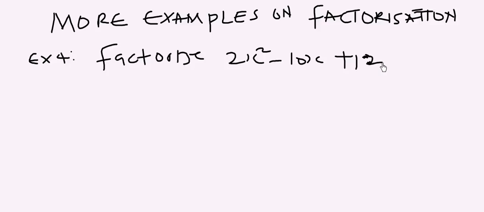This example is slightly different from the previous example we have been looking at, in the sense that x squared has a coefficient of more than 1. The coefficient of x squared here is 2. So we have to take cognizance of the effect of the coefficient of x squared on the factorization of the expression.